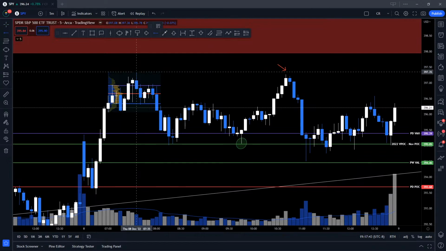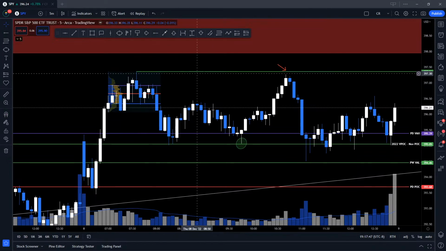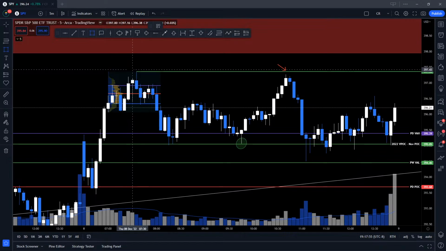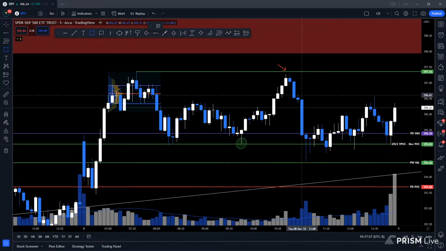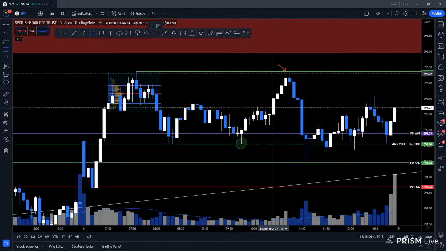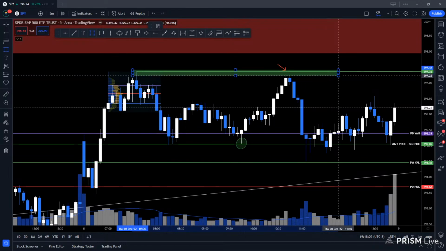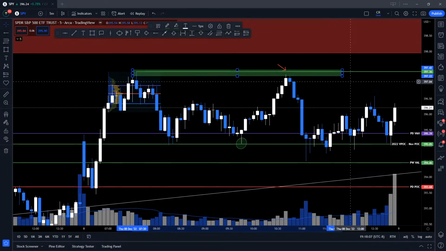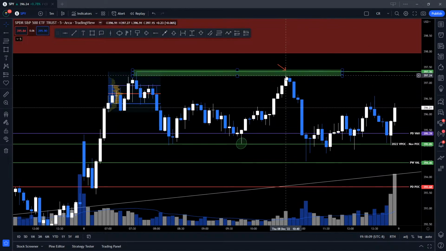Reason being, this here. And this is a good point. You have to realize in trading, you're not looking for an exact tap of your target. Everything is going to be a range. So when you're trading, you have to be open to being wrong a little bit.